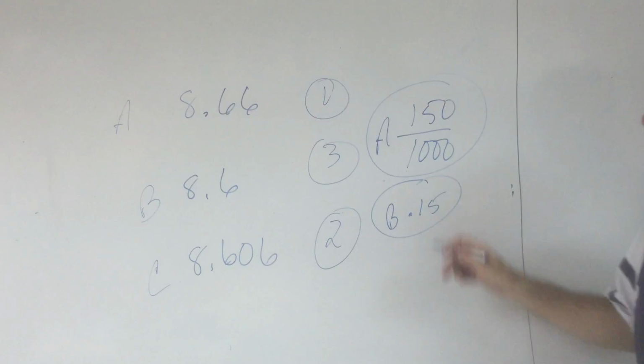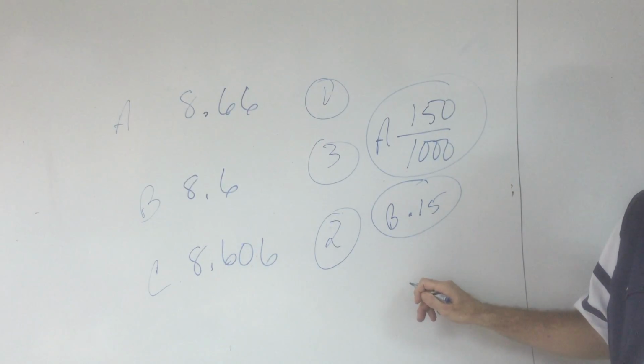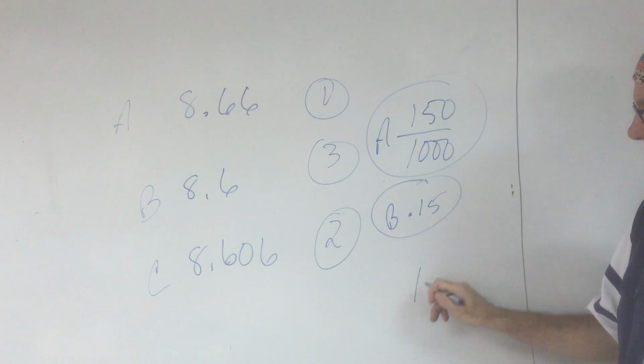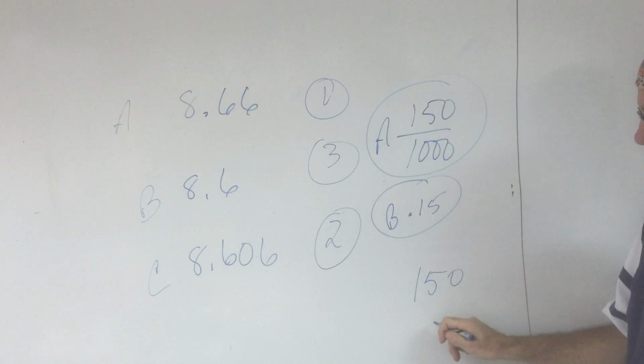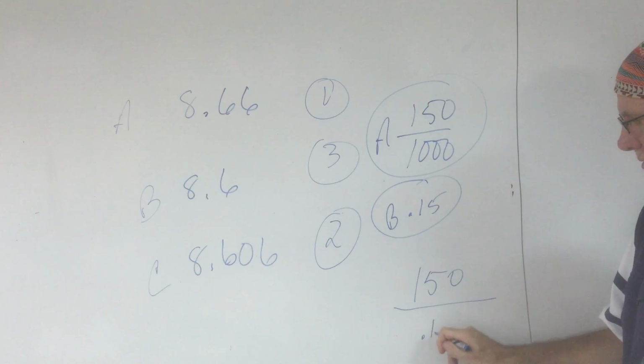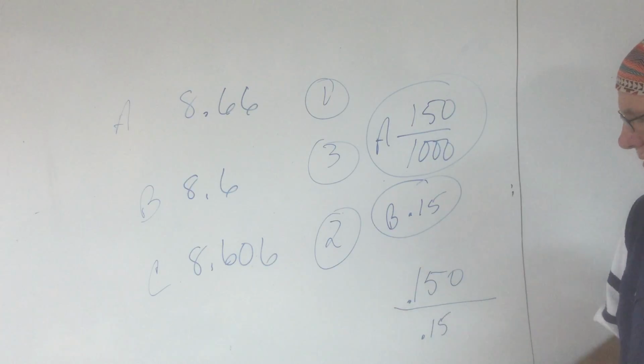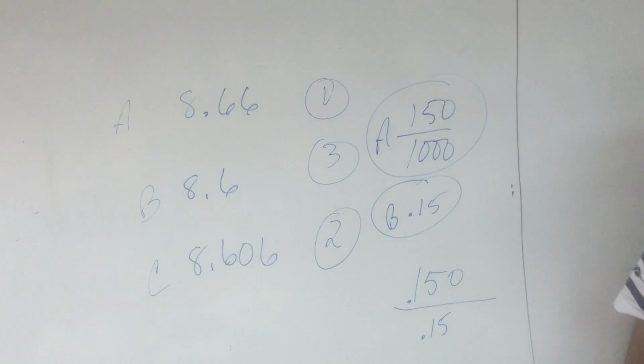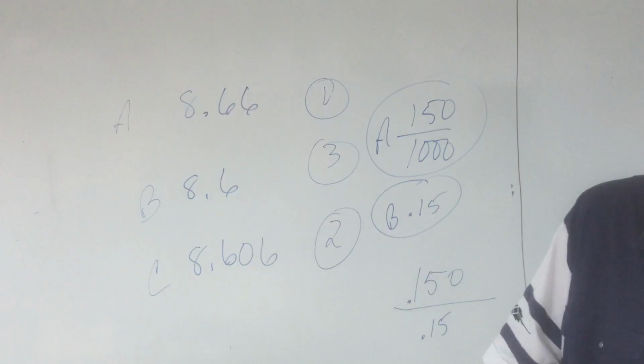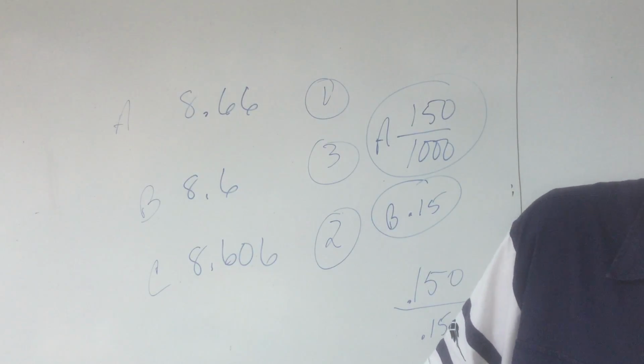Okay, so what do we got? Which one's larger? Mathematically, they're the same. You see that? Yeah, they're mathematically equivalent. Okay? Easy? All right, let's go on to the next section.